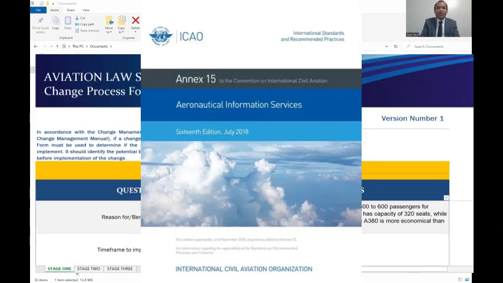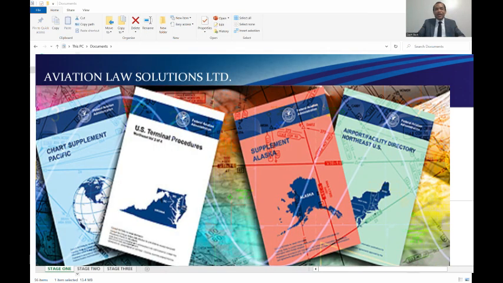Annex 15 talks about aeronautical information services. Now, one of the things is that pilots going to different airports around the world pretty much want information in terms of the equipment, the facility, the weather, all different sorts of stuff. Charts and aeronautical information services are the persons who provide this information, readily accessible to pilots moving from point A to point B. And most of the time, this information is published online.